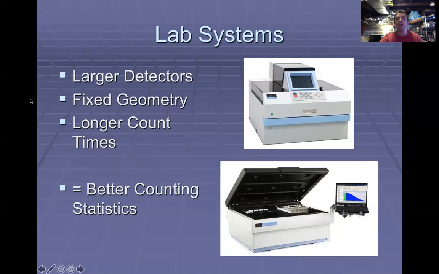You can't use any handheld instrument. So what you're forced to rely on is taking wipes. You have to take wipes of the area that you're working, and then you have to run them in a liquid scintillation counter, because that's the only detector where there is direct contact between the sample and the scintillation medium. And that's why these are very important to have, especially if you're working in a lab with tritium.